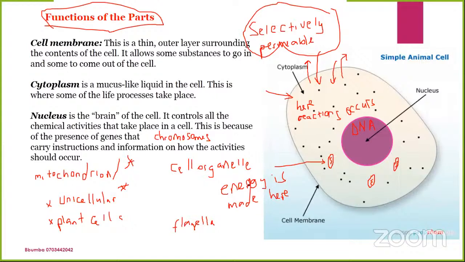Okay, can you give us an example of a multicellular organism? Human beings. Thank you very much. And then any example of a unicellular organism? Okay, this has moved off. Then Shadik.